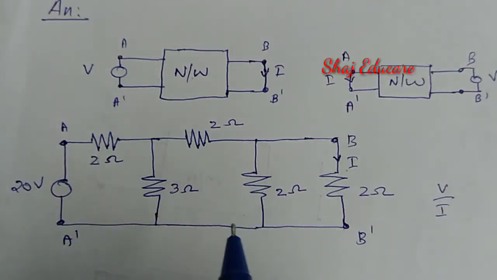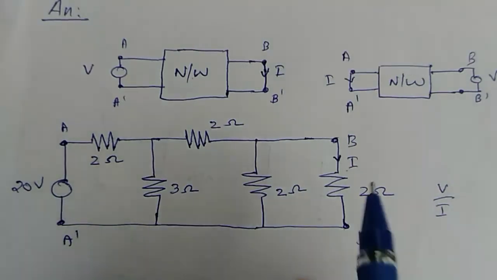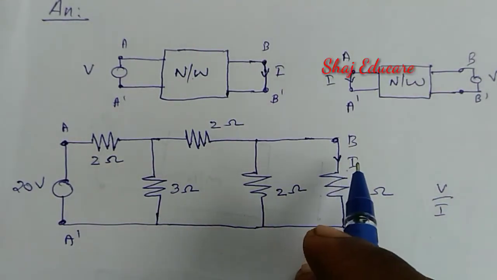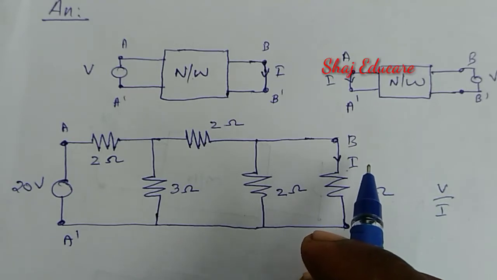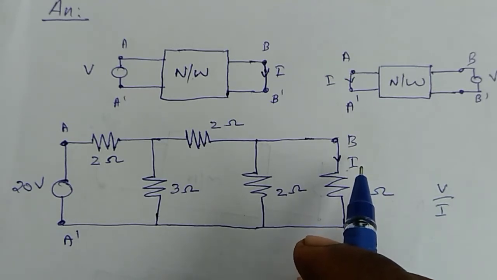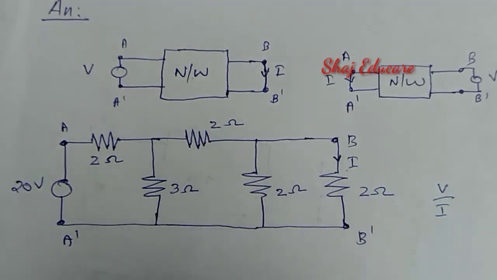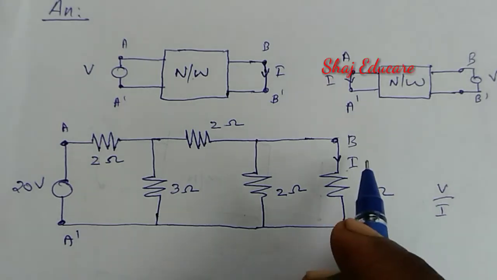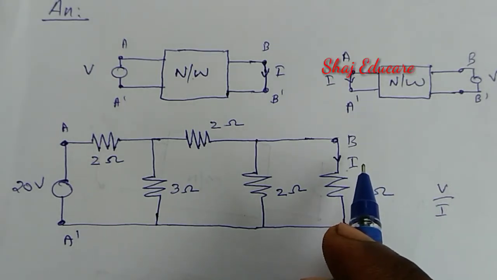That is the simplest method among them. So let us solve for this current I through the current division rule. Whatever method it may be, you get the same answer.